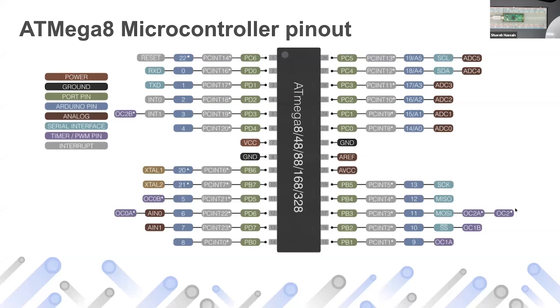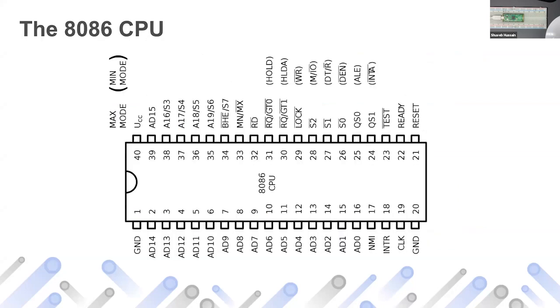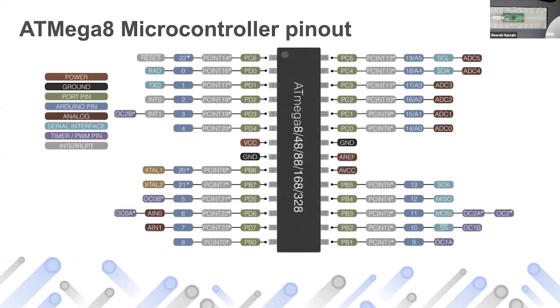Don't worry if you don't understand any of this. All I'm trying to tell you is that a CPU has pins that have dedicated purposes, whereas microcontrollers have pins that can do more than one thing, right? At the same time, microcontrollers have their own RAM and their own storage as well.